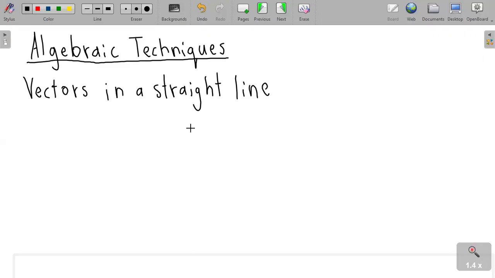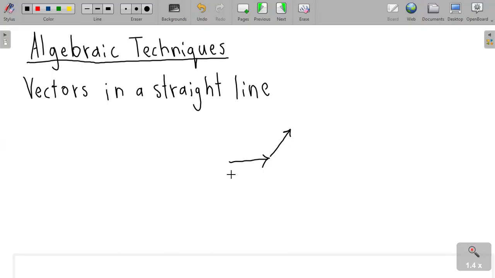So unlike head to tail, sometimes the vectors are not in the same direction and they're not in a straight line, okay? So when you have head to tail, sometimes you can have vectors like this. See, the vectors that are not in a straight line.